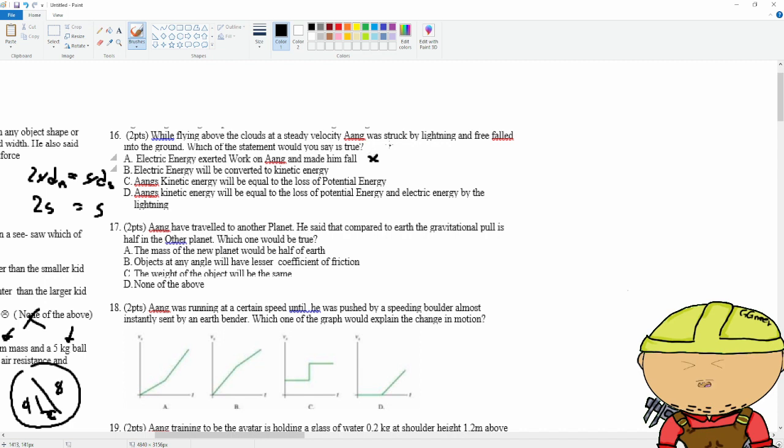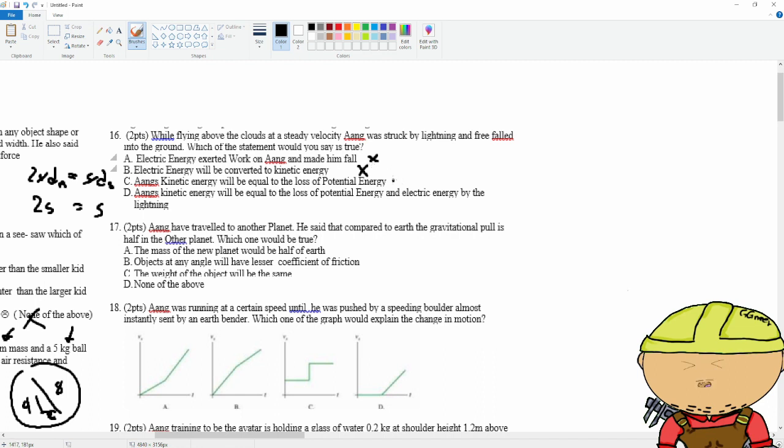Electric energy will be converted to kinetic energy. No, that's not how lightning works. It's not the Flash. If you get hit by lightning, you don't become the Flash. That's only in science fiction. So no. Ang's kinetic energy will be equal to the loss of potential energy.